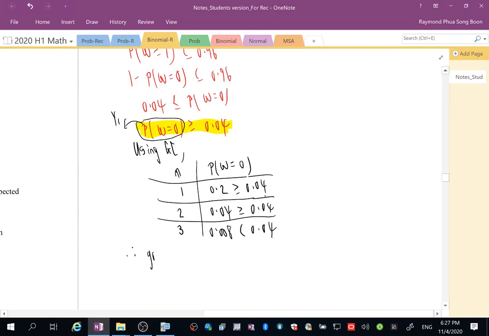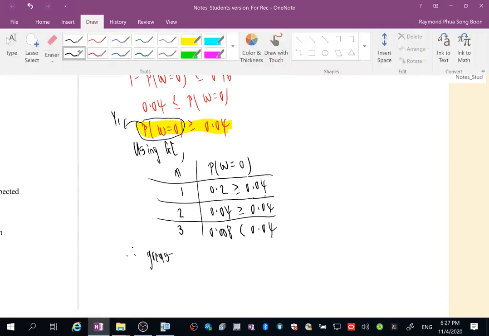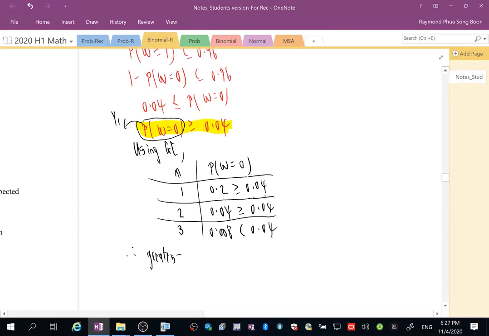But the question asks for the greatest value of m. So the greatest m between 1 and 2 will be m equals to 2. That will be the answer for part C of this very long question.